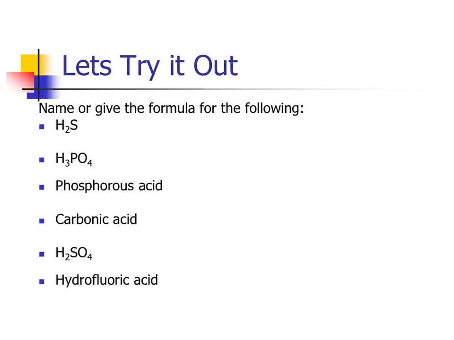So, going through and naming these in a systematic manner. The fact that we just talked about naming acids is going to help. In the first example, because there is no oxygen, it gets the prefix hydro.